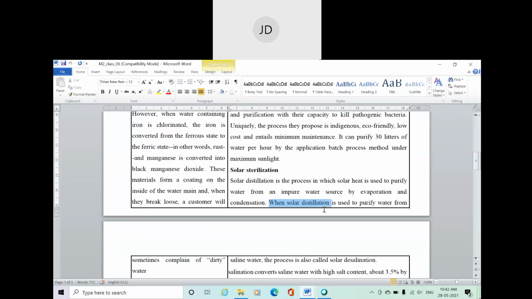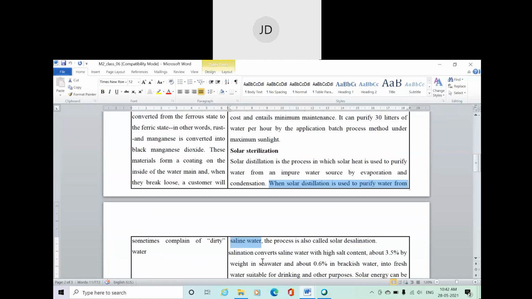When solar distillation is used to purify water from saline water, then that process is called solar desalination. In the exam a question may come like, what is desalination? Solar desalination actually means solar sterilization.